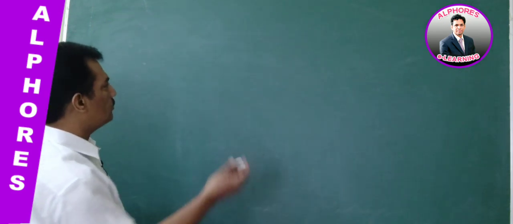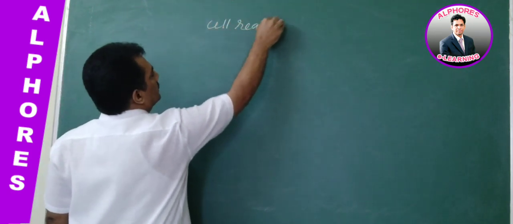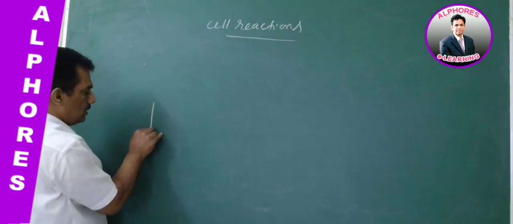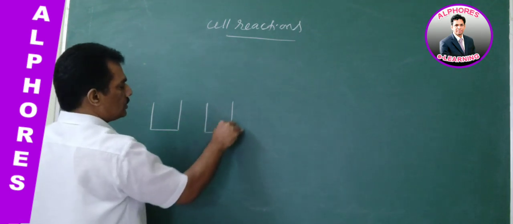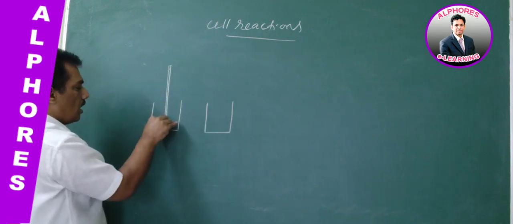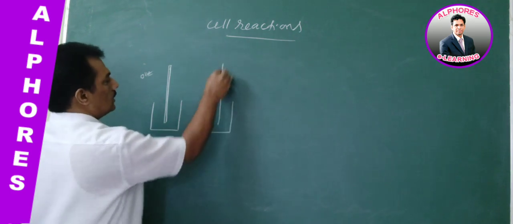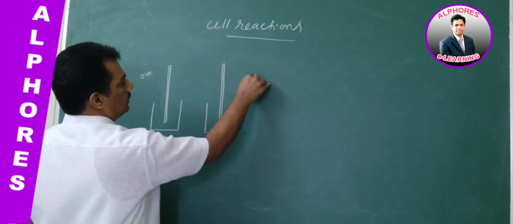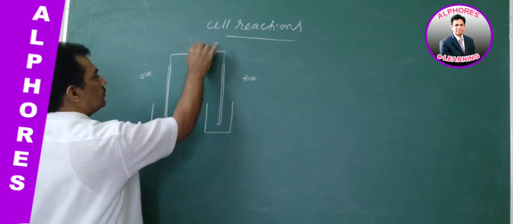Clear? First let us move to cell reactions. As we know, in any electrochemical cell there are two half electrodes. Let me draw this. One is the oxidation half electrode and the other is the reduction half electrode, and these two are connected to a voltmeter.